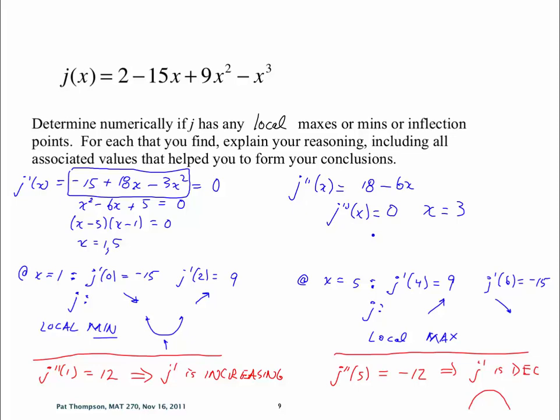So let's look at second derivative at 2 and second derivative at 4 and see what's happening. Second derivative at 2 is 6. Second derivative at 4 is negative 6. So what happens at x equals 3?